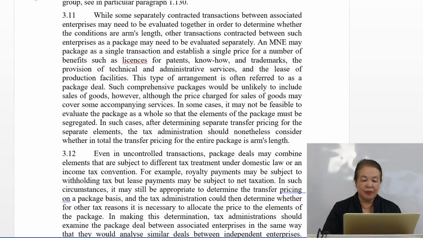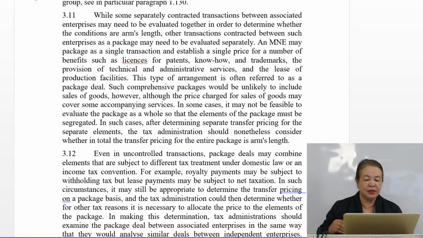So an MNE may package as a single transaction and establish a single price for a number of benefits, such as licenses for patents, know-how, and trademarks, the provision of technical and administrative services, and the lease of production facilities. This type of arrangement is often referred to as a package deal.